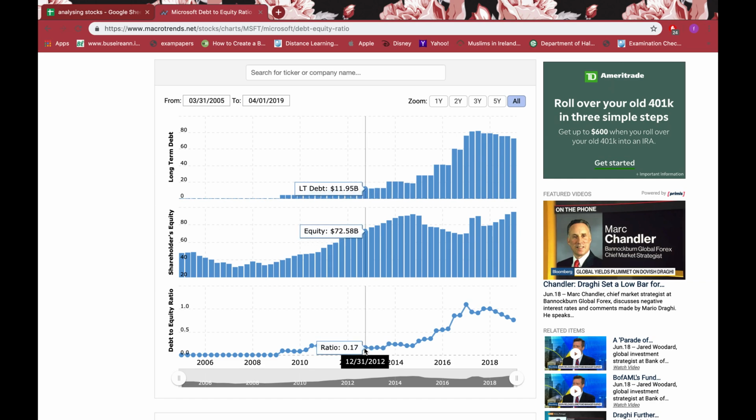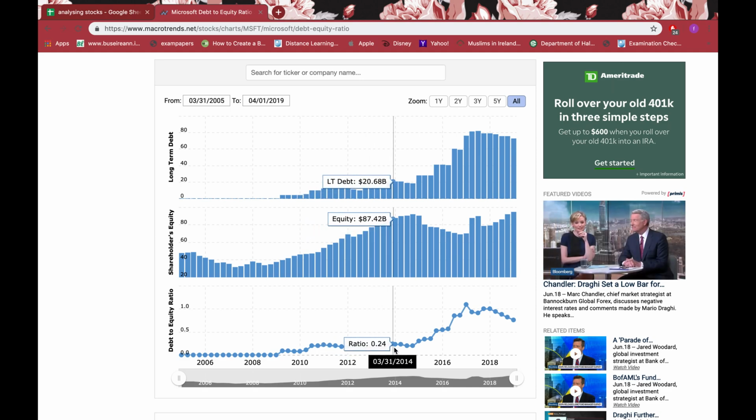But if you go to 2012, you can see 0.17 is the debt to equity ratio, which means they have taken on debt, but it's like 17% compared to the total amount, so it's not a lot.